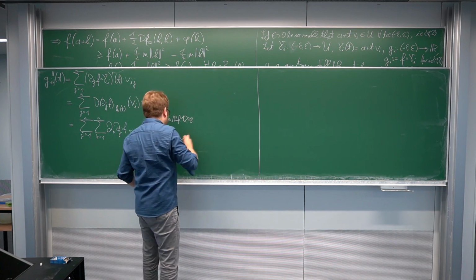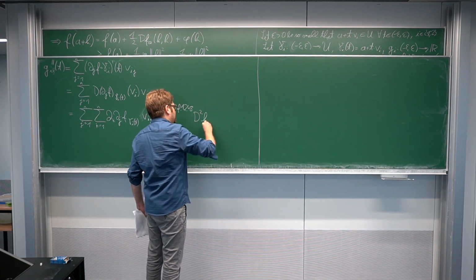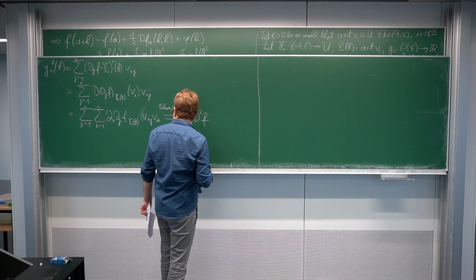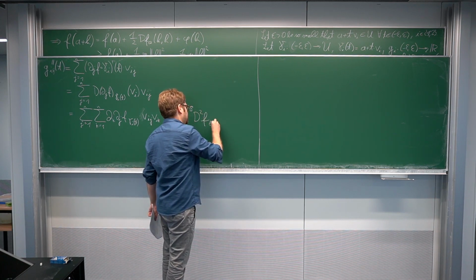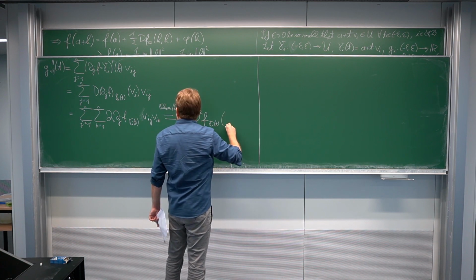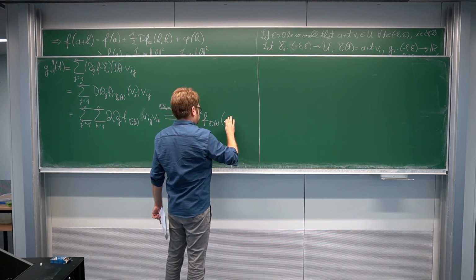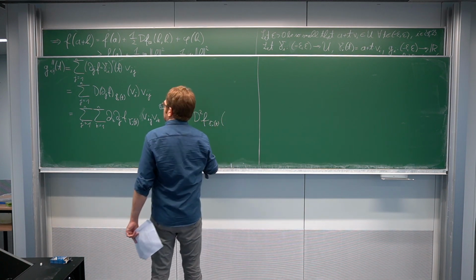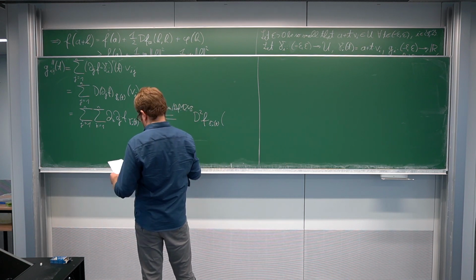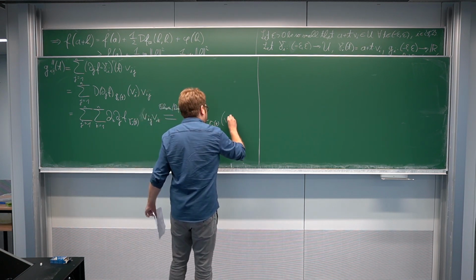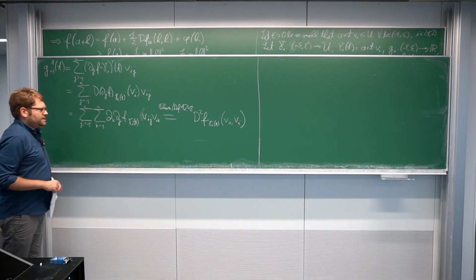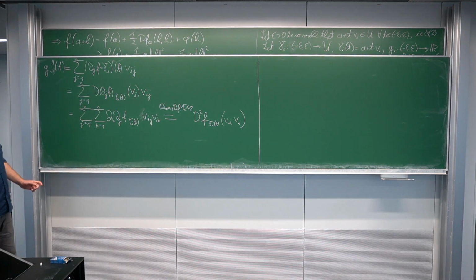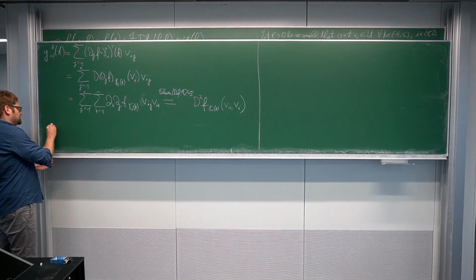So this is exactly the same as d2f in the point gamma i of t, evaluated on v_i.